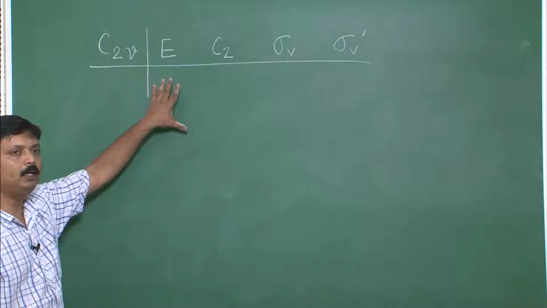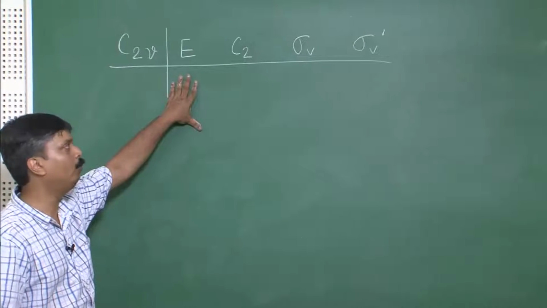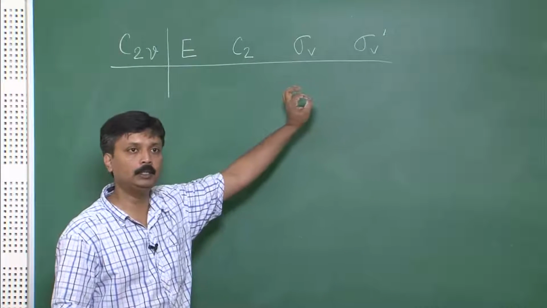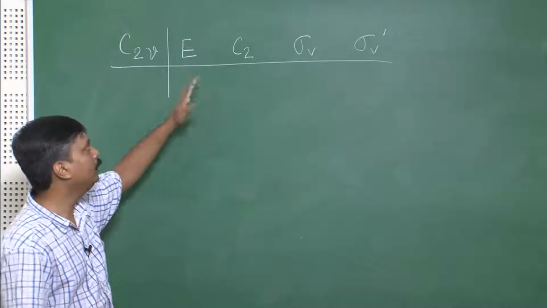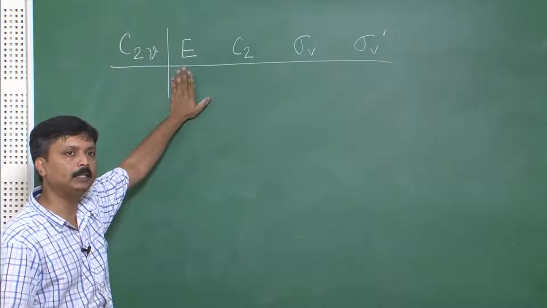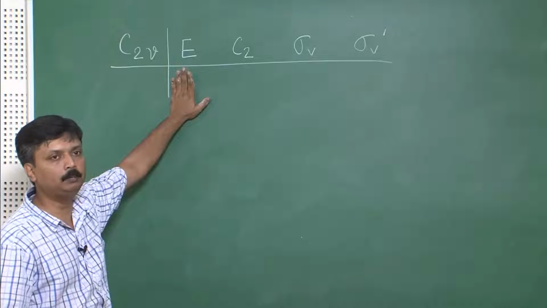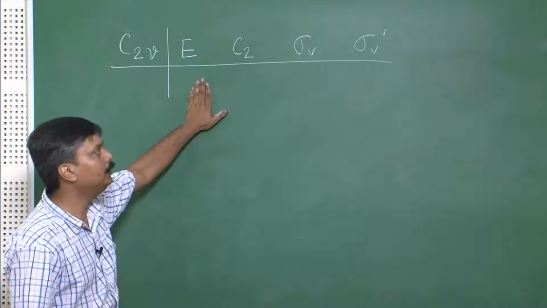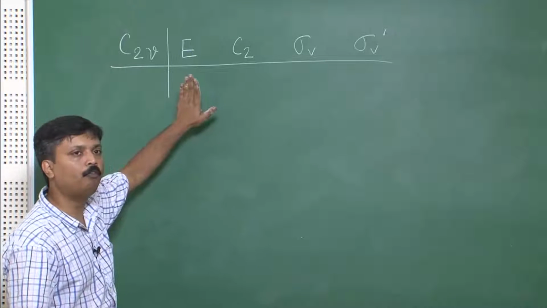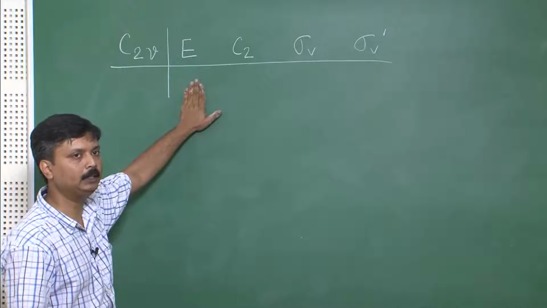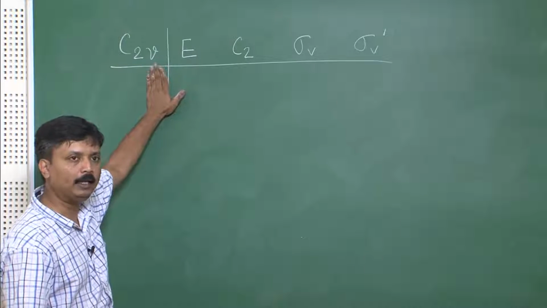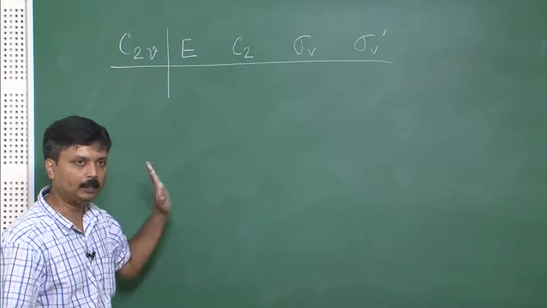And remember, this character table that we are going to form is going to give you the characters of irreducible representations. We have learnt earlier that we can form any representation that may or may not be reducible. But what we are going to do now is form the irreducible representations which are possible for this particular point group, and thereby form the overall character table.